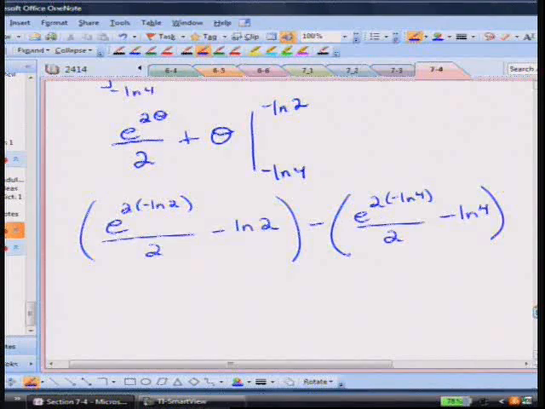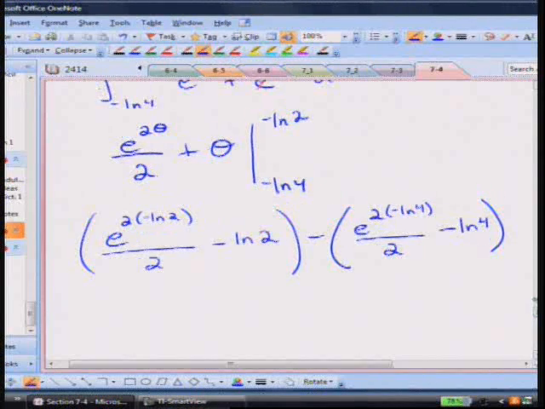I'm going to write this as, I think I can write that as e to the, that's because that's negative 2 ln 2. So I think I can write that as e to the ln 2 to the negative 2. Feeling a little nervous about that.